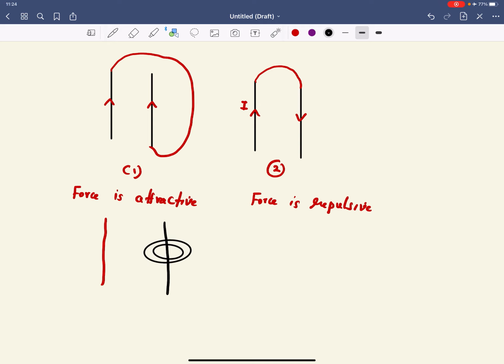If you place a compass, you can see that the compass curls around the wire. So the magnetic compass represents the direction of the magnetic field, which is why I am drawing the curl around the wire.